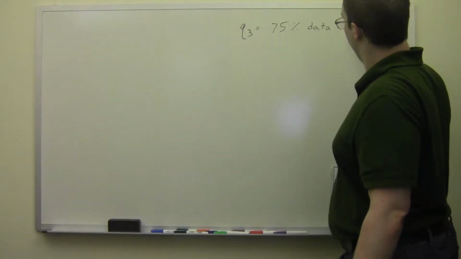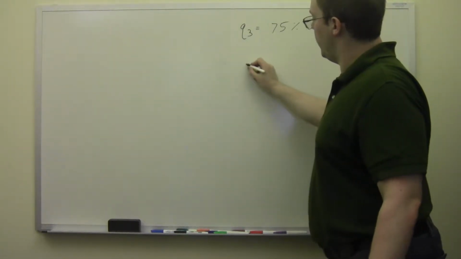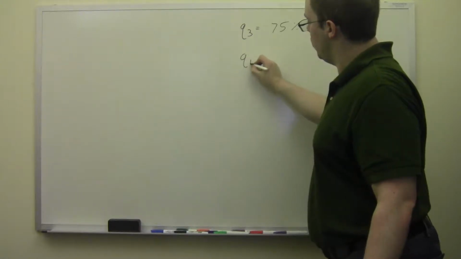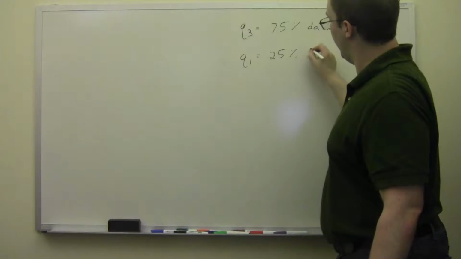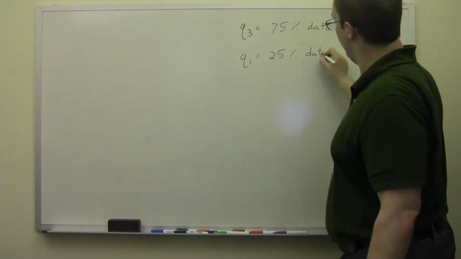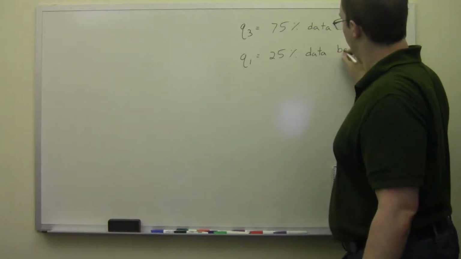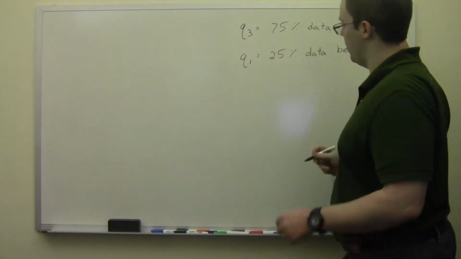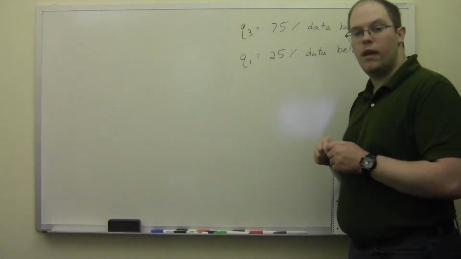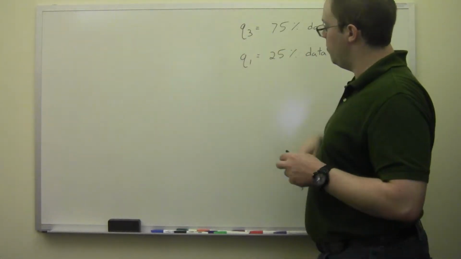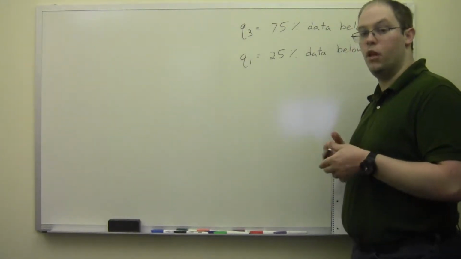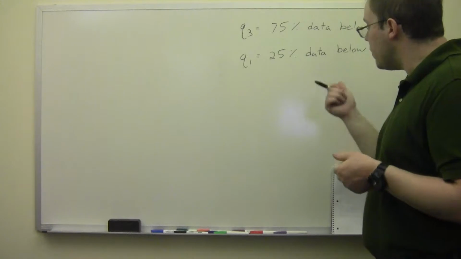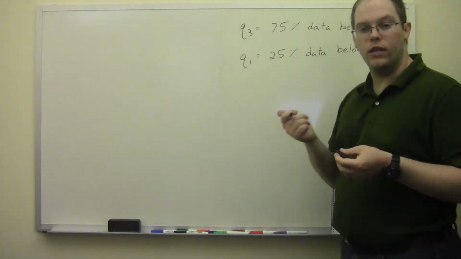And remember that we had also said Q1, known as the first quartile, where 25% of the data was below this number. And we had talked about the median, the point in between these where 50% of the data fell below it.